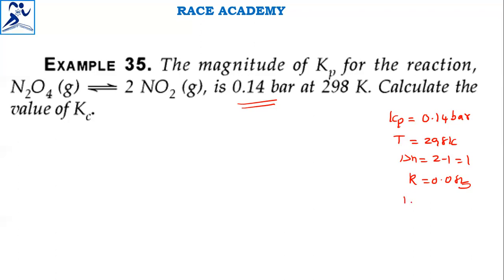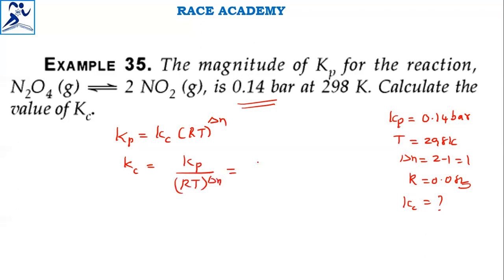Let us see what is the Kc value. Calculate the value of Kc. Now we will write the relation between Kp and Kc. Kp is equal to Kc into RT power delta N. In this juncture, we don't know the Kc, so Kc is equal to Kp divided by RT power delta N. The Kp value they have already given, 0.14, divided by R value 0.083, and the temperature they have given in the question, that is 298 Kelvin, will be substituted.